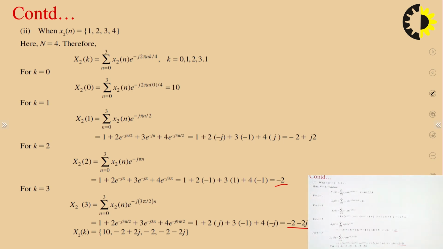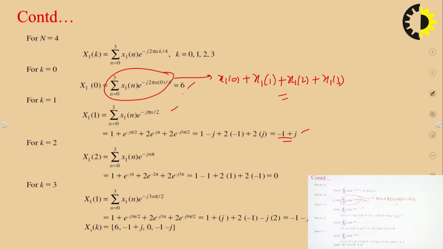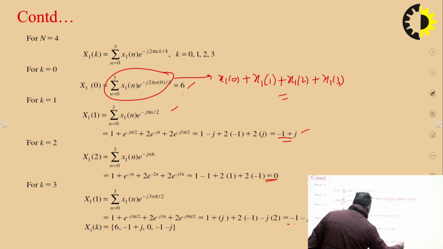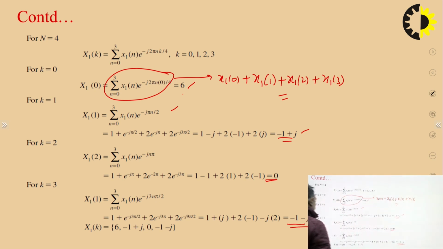So this is how you have obtained the values of X1(0), X1(1), X1(2) and X1(3). So this is 6, minus 1 plus j, 0, minus 1 minus j. These are the values.